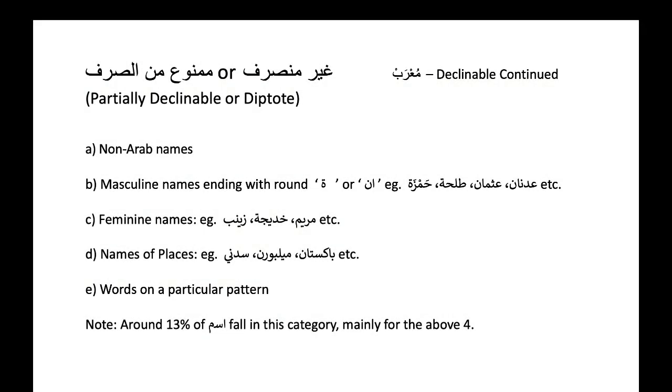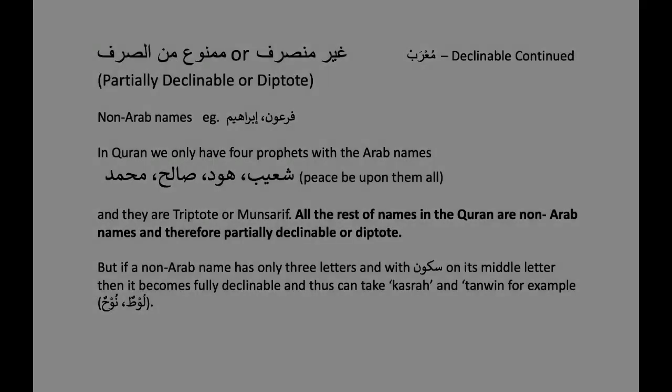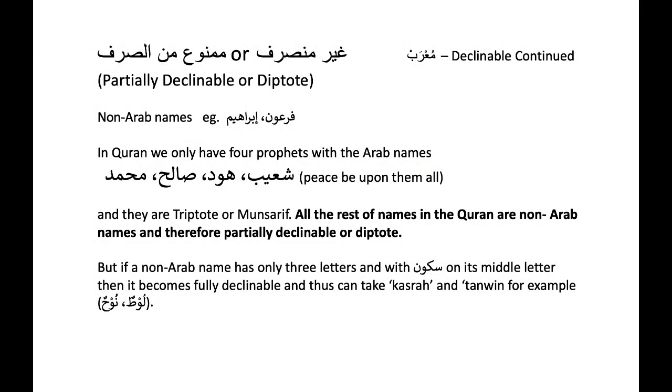They are non-Arab names, some masculine names, some feminine names, some names of places, and some words on a particular pattern. We shall discuss all of them in detail. But first of all, let's look at non-Arab names. For example, Firaun, Ibrahim.